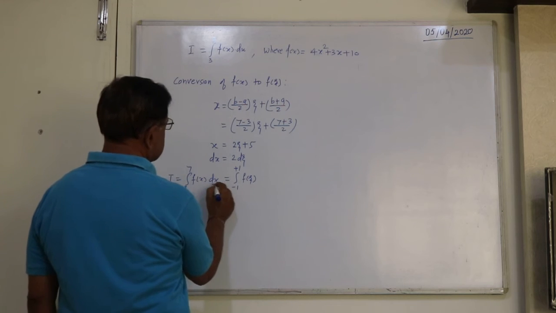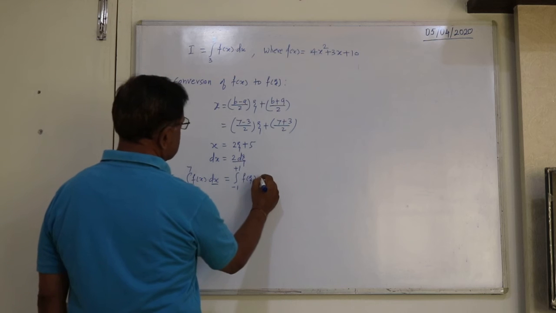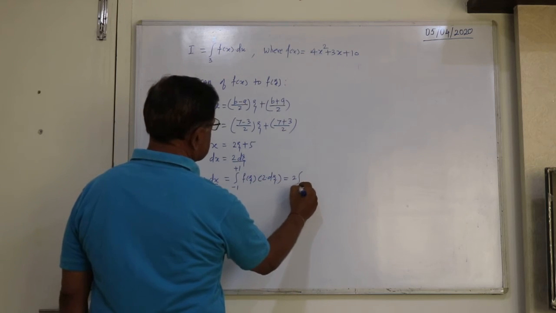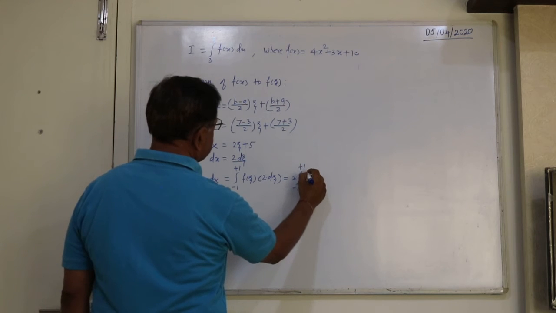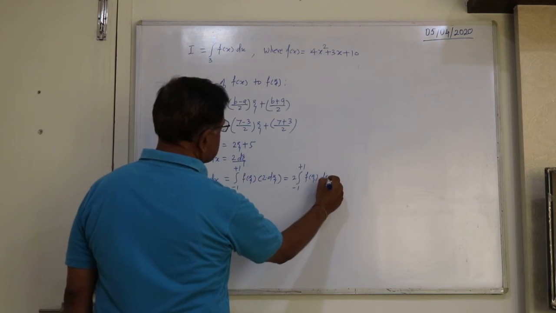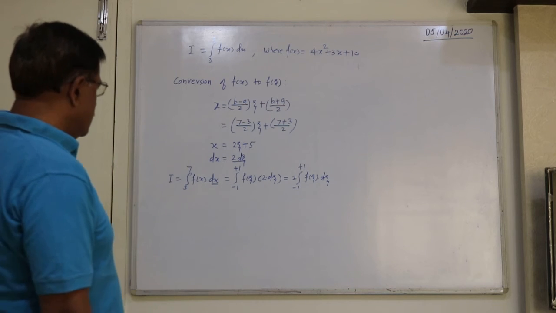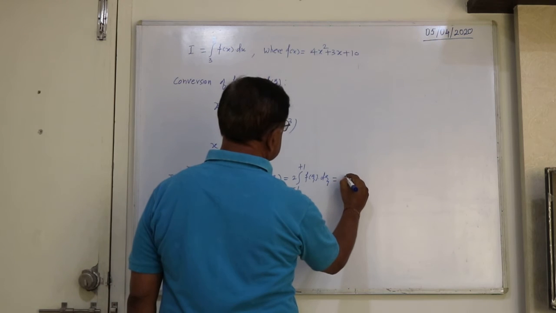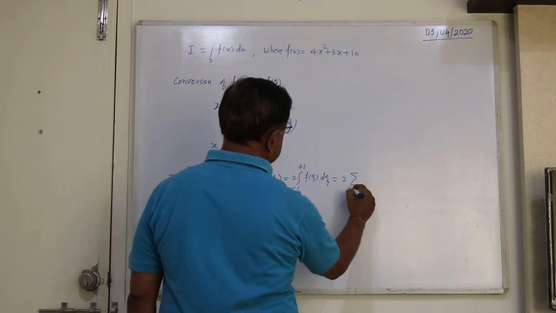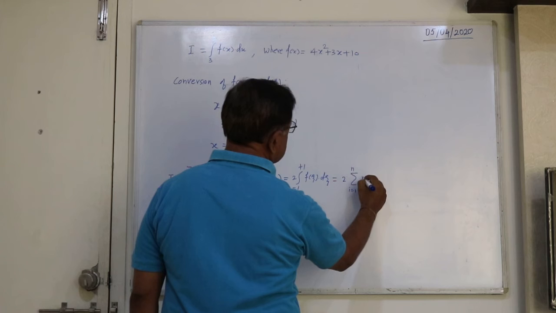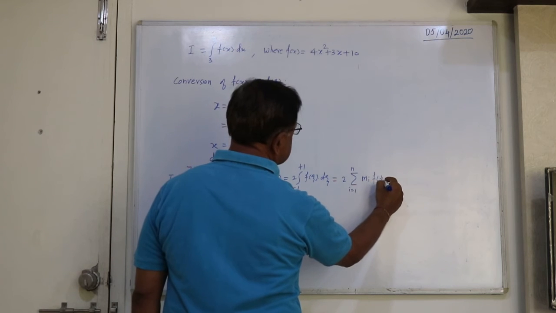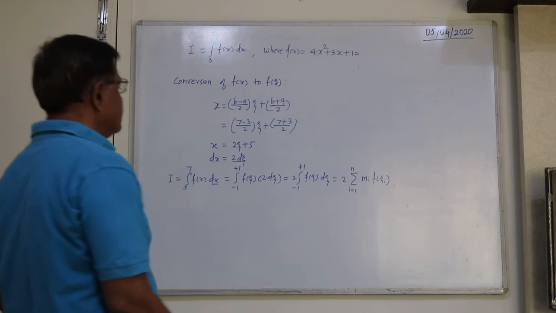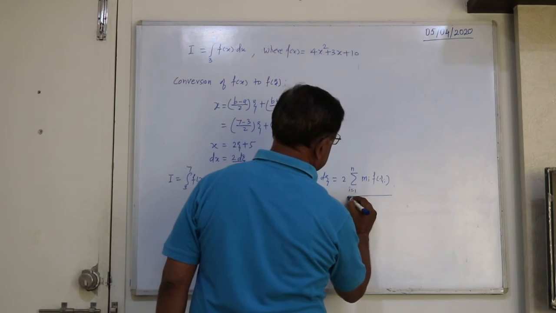Since dx is nothing but 2 d psi, this becomes 2 times integration minus 1 to plus 1 f of psi d psi. Now this is nothing but 2 into summation i equal to 1 to n m i f of psi i. This is called the Gauss quadrature formula.